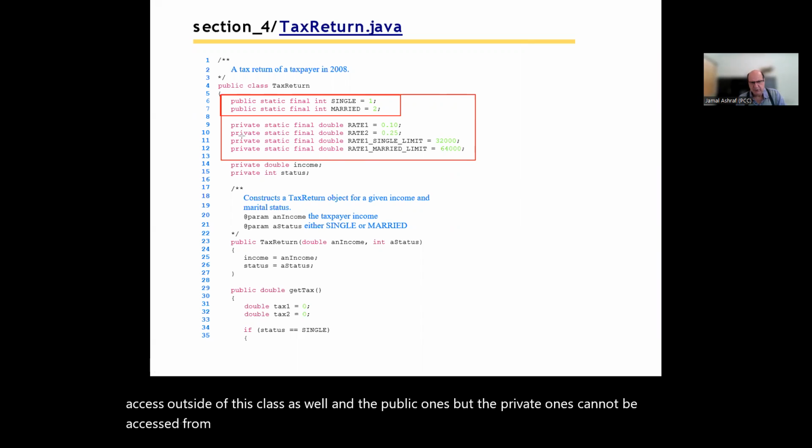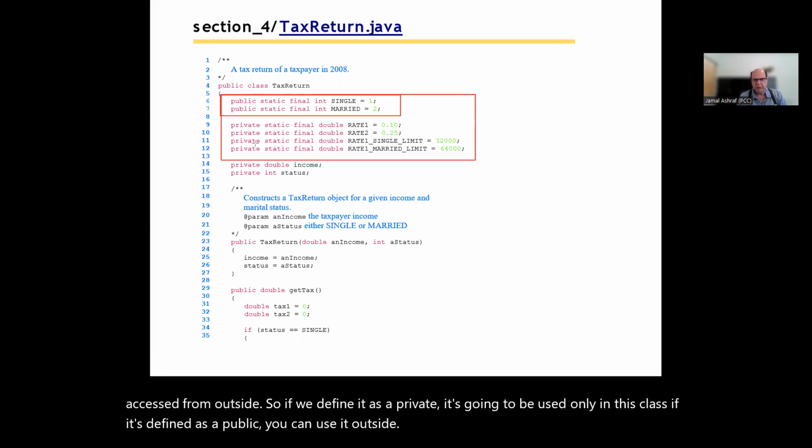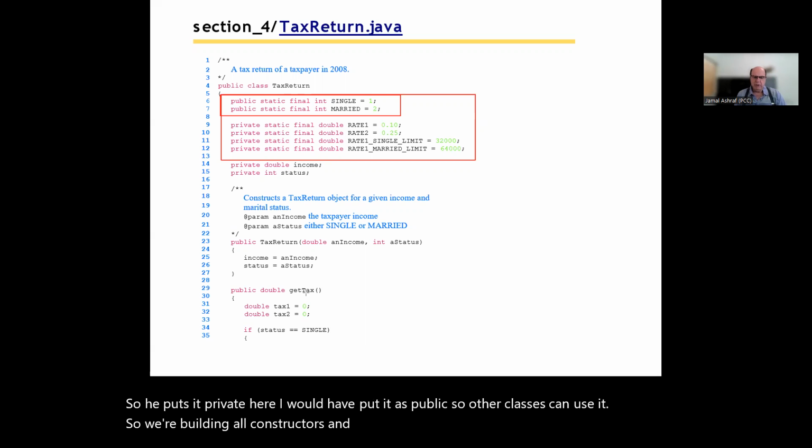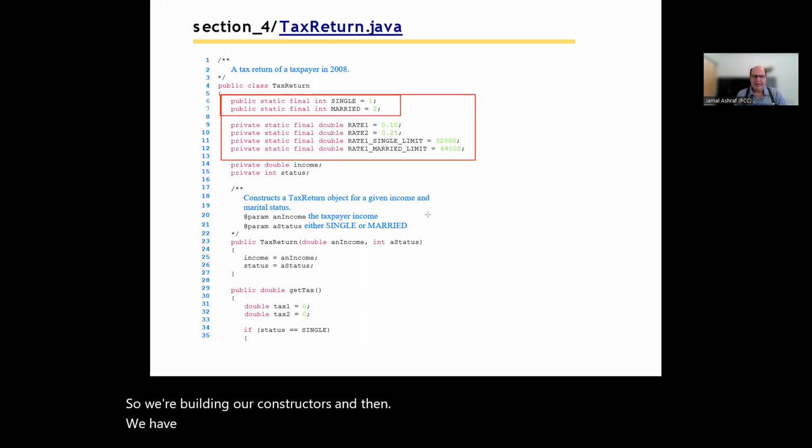So if you define it as private, it's going to be used only in this class. If it's defined as public, you can use it outside. So it puts it private here. I would have put it as public so other classes can use it.